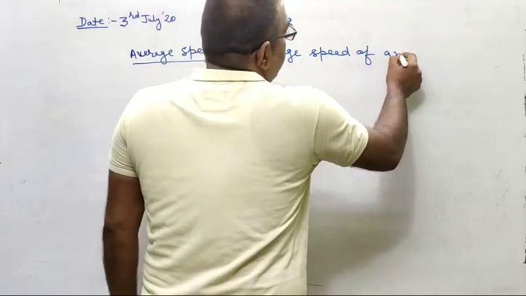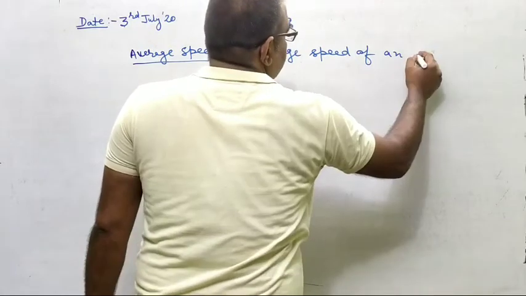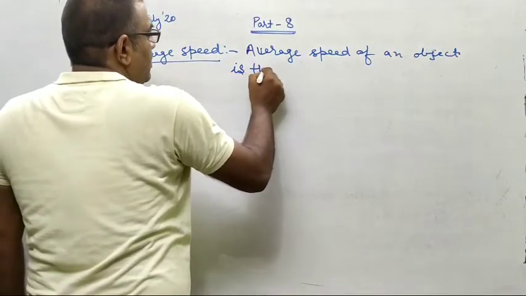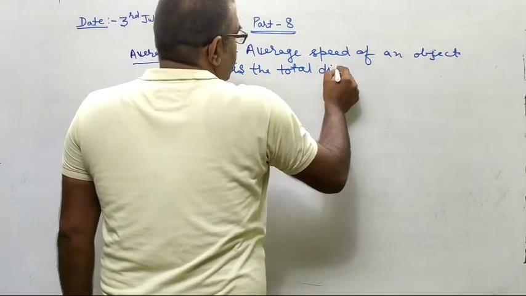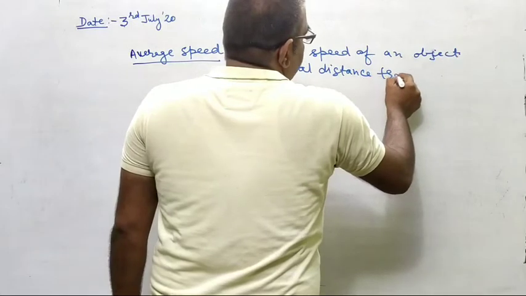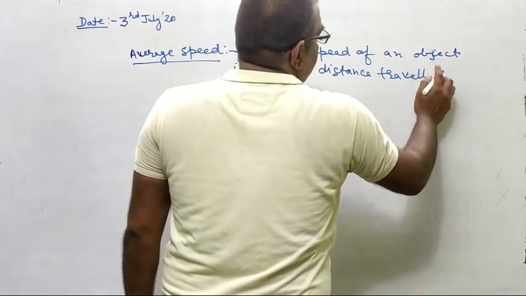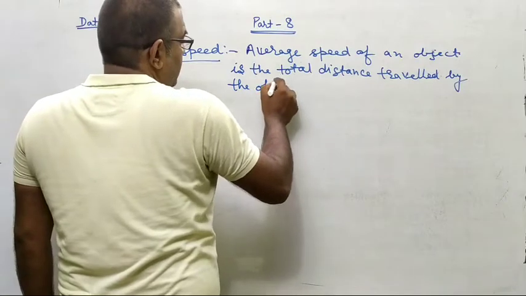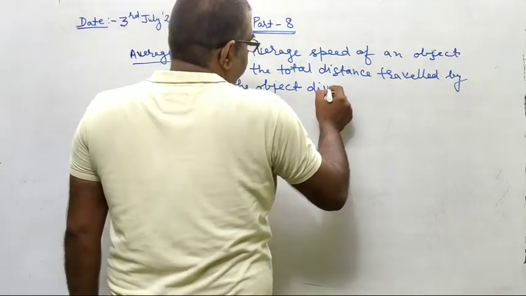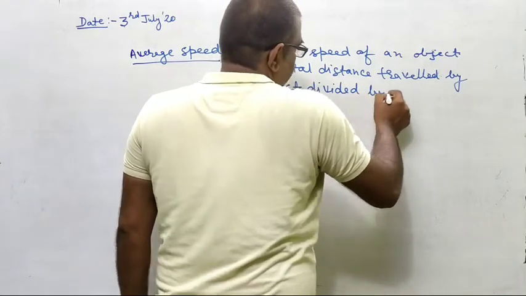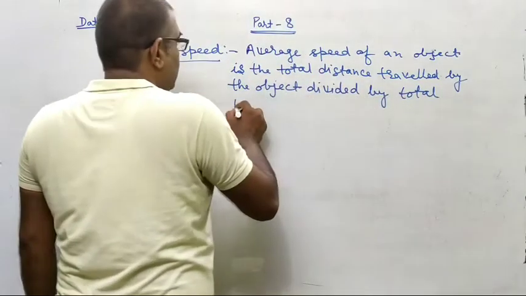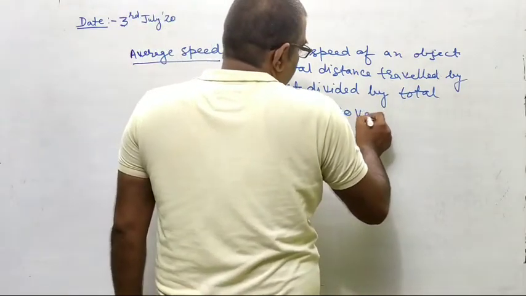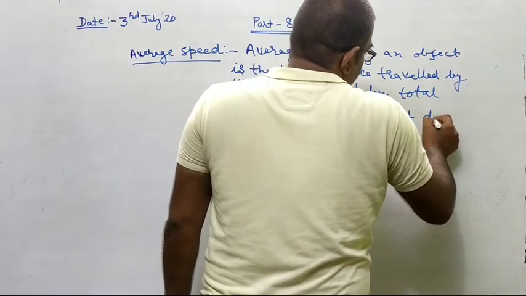the average speed of an object is the total distance traveled by the object divided by the total time taken to cover that distance.